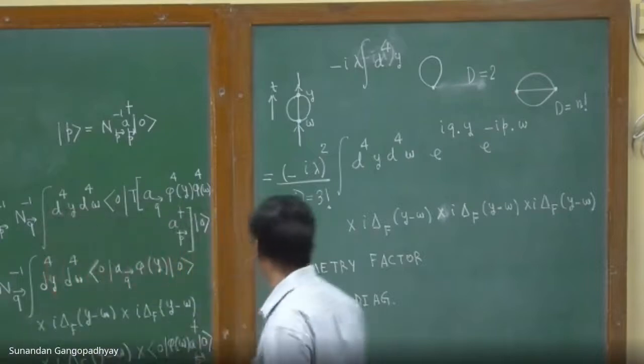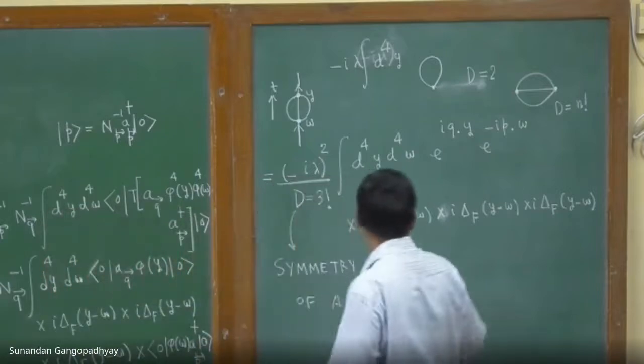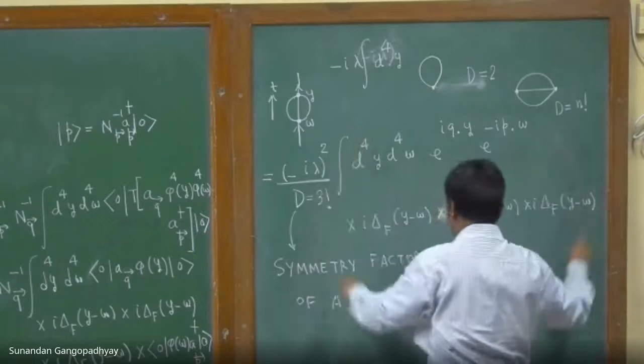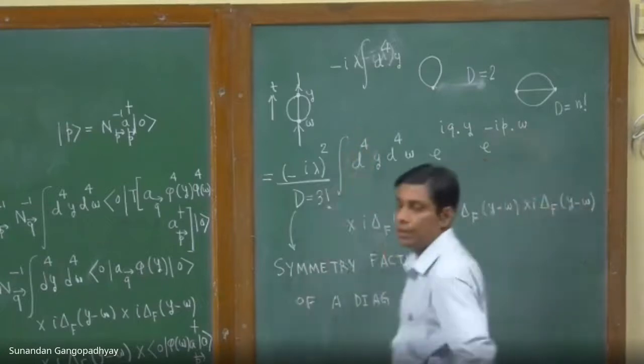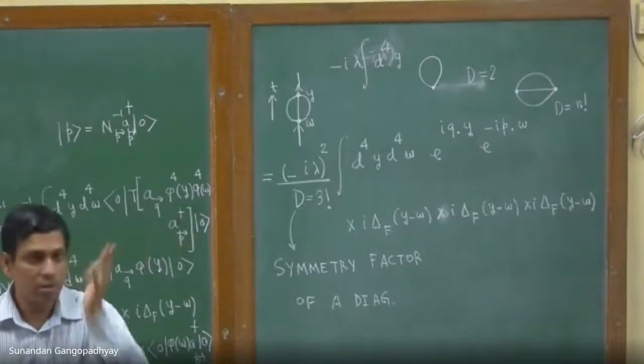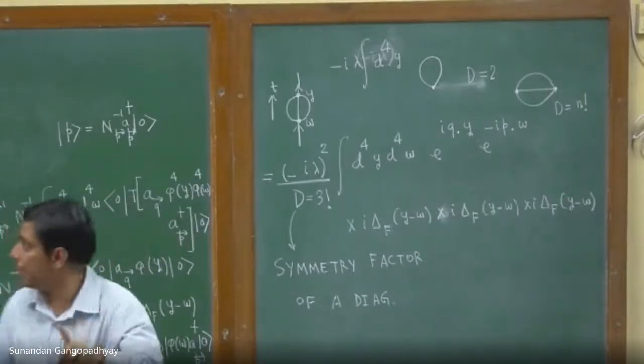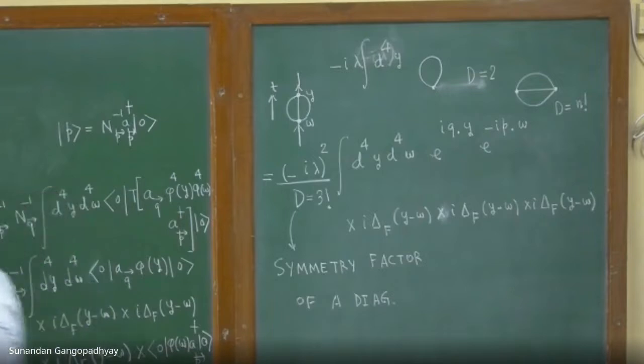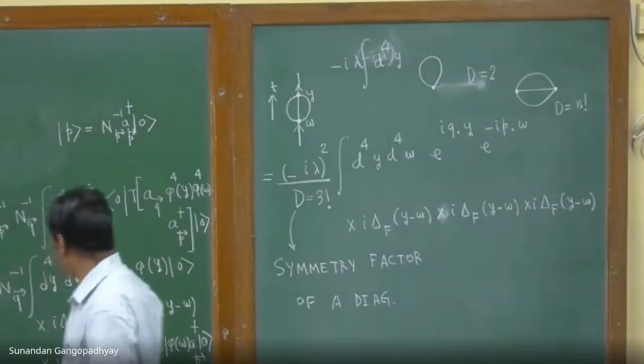What we were only interested in those calculations was the main structure of the Feynman diagram. We were not concerned about the symmetry factor. The symmetry factor is a number which arises, as I told you, from the fact that in how many ways can you contract this particular expression, and the origin of this number is from there.